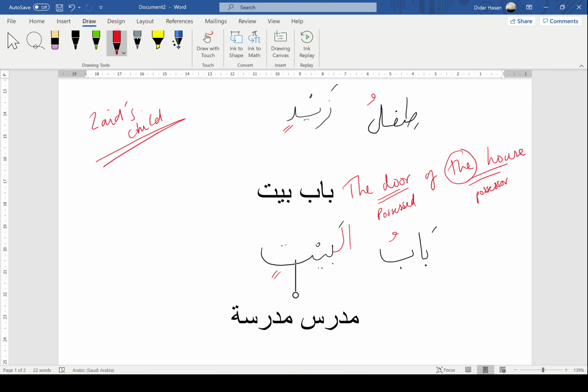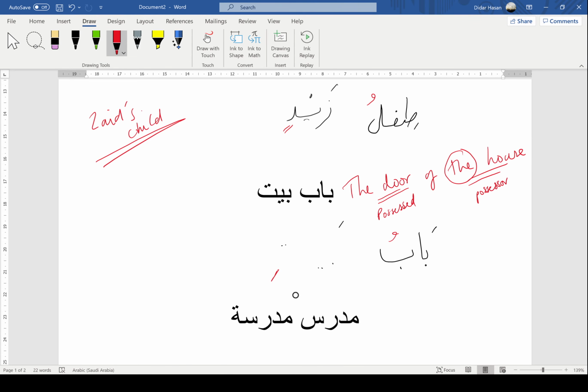Because it has an alif lam, and when a word has an alif lam, it can never accept tanween. So you take off the double kasra and give it one kasra. So regarding those words that have a "the" in it, you can do it the way I just did and put an alif lam in it afterwards, or you could have just done it from the beginning if you're able to do that.